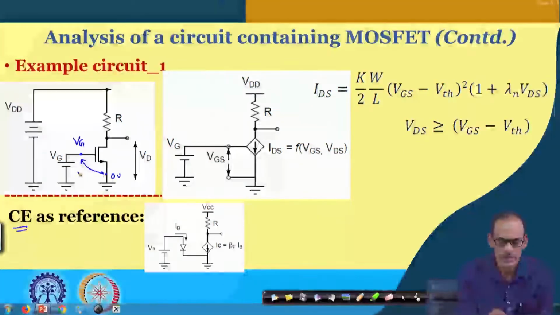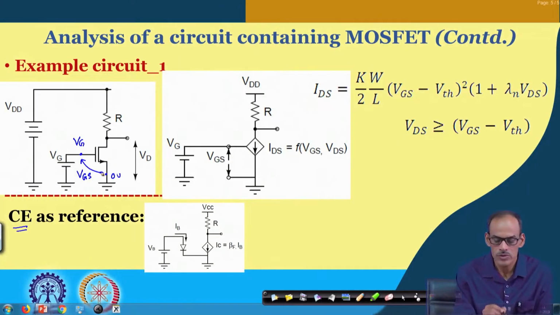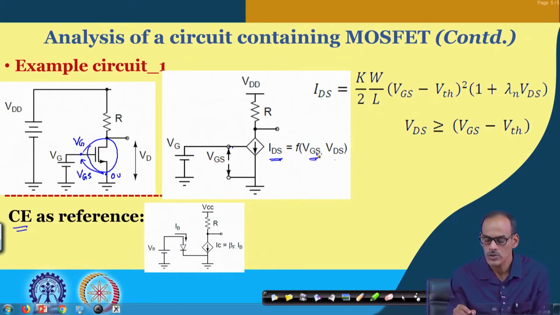So, we can say VG is nothing but VGS, and depending on this VGS, drain to source current is flowing. So, we can say that this device can be modeled as a voltage dependent current source. And so, we do have this IDS as a function of VGS and also the VDS. This is the drain, this is the gate, this is the source, and whatever voltage you have across this output port is actually the VDS.